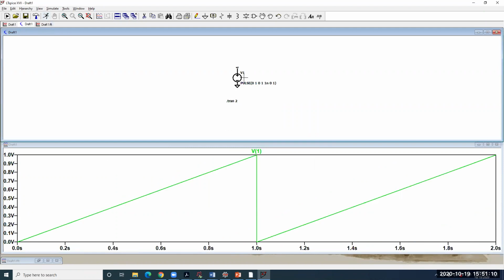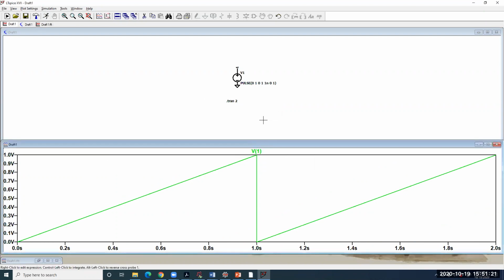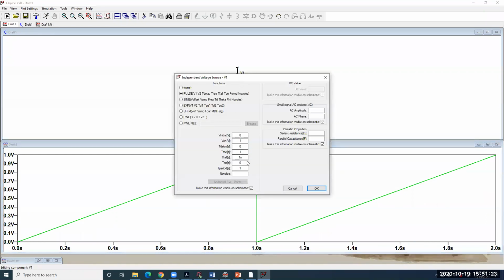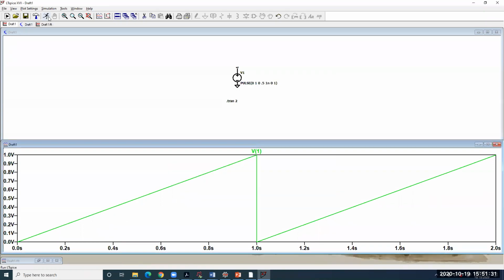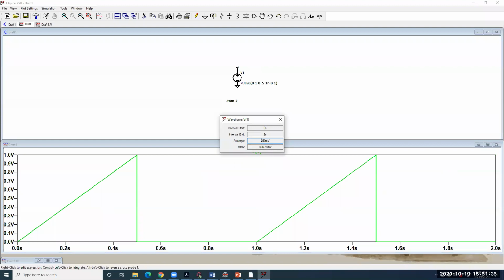There, that's 2 periods. So that's what we calculated before, 2 periods. Let's just go back. 0.25, that makes a lot more sense.